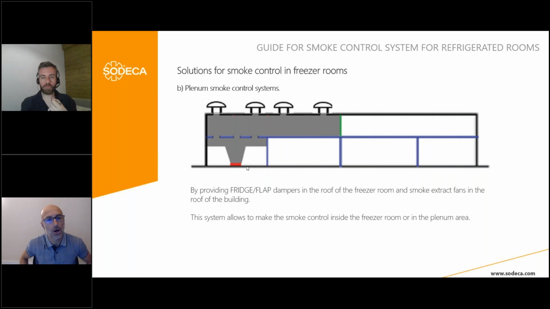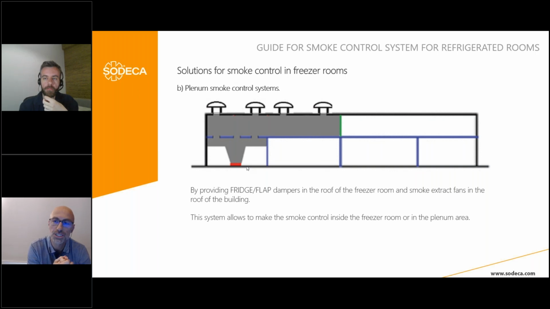Here we can see another solution that is without ducts. By providing fridge flap dampers in the roof of the refrigerated room and smoke extract fans in the roof of the building, we can solve the problem without ducts. This system allows smoke control inside the freezer room or in the plenum area.